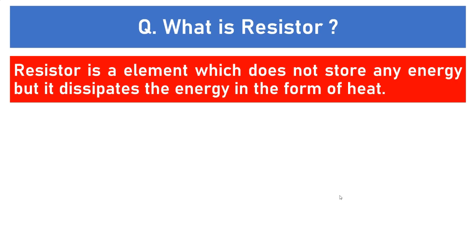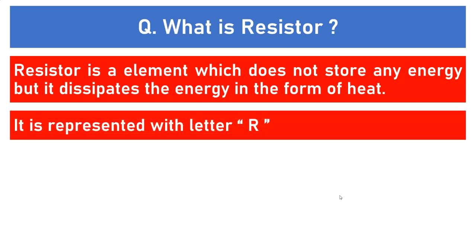It means whenever we connect this resistor in any circuit, this resistor cannot store any energy, but because of this resistor in the circuit there is a dissipation of energy, and that too in the form of heat. So we can say that resistor is an element which does not store any energy, but it dissipates the energy in the form of heat.